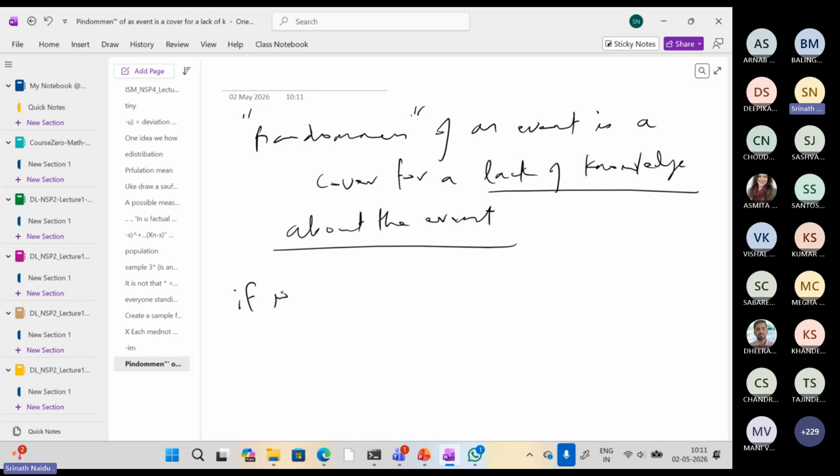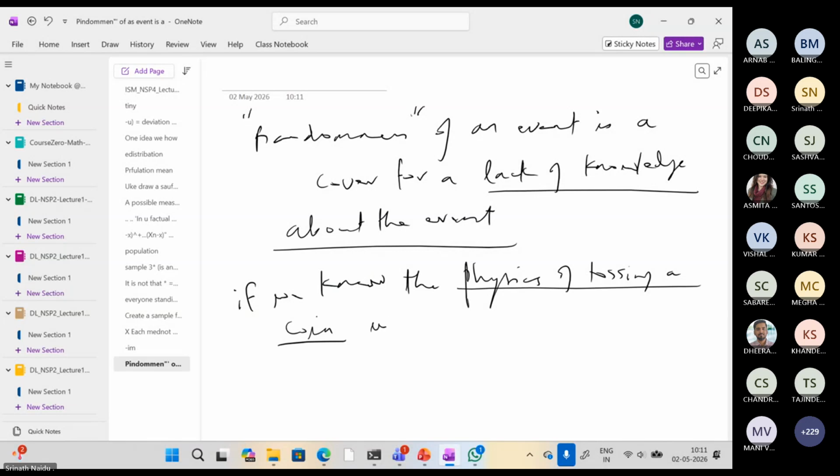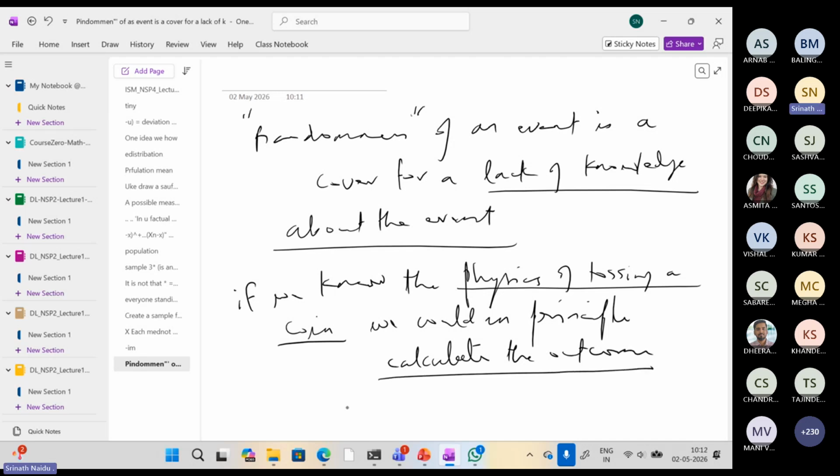If we knew the physics of tossing a coin, we could, in principle, calculate the outcome. It would then be deterministic.